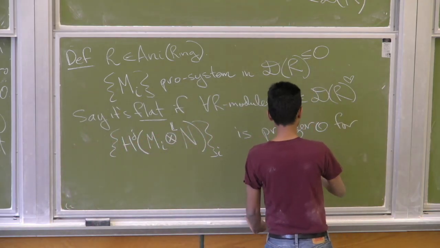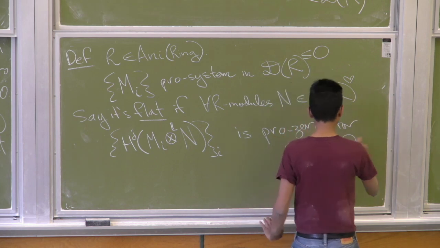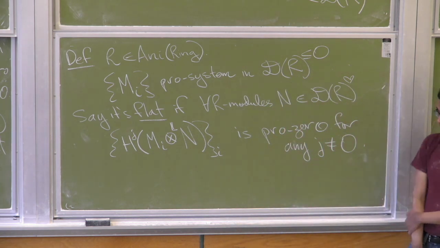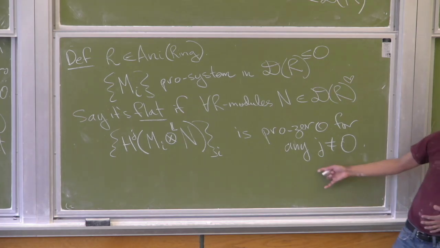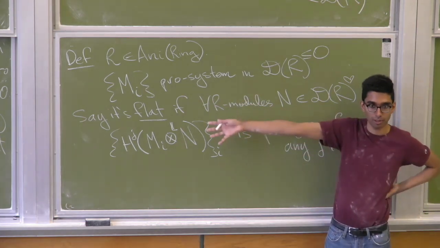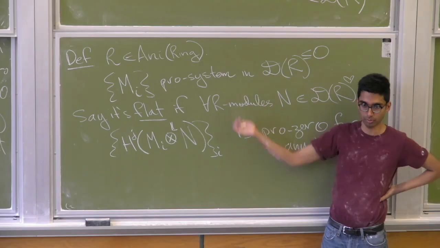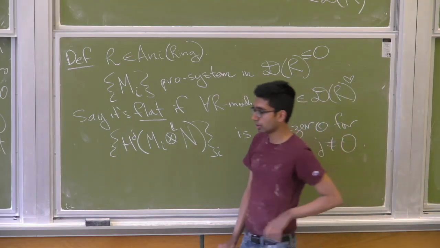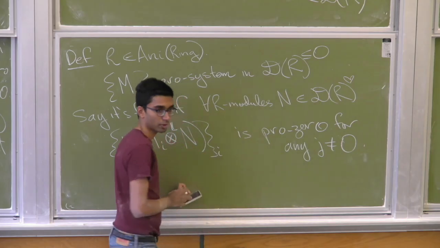For any j. So this is just a generalization of the previous definition to prosystems with the derived tensor product. Okay, so let me make a couple of remarks about this definition.